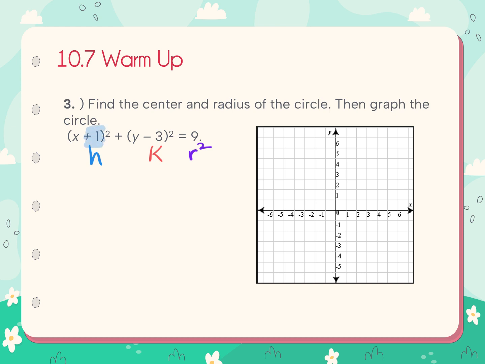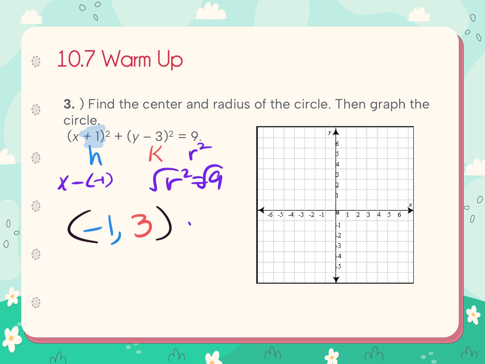This looks like a positive 1 went in here, but remember it was x minus −1. So my h value is −1. My k value is +3. And then for my r, I have to square root the 9, and my r value is 3.